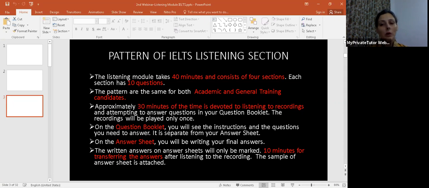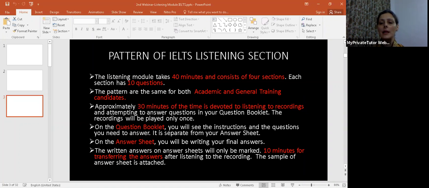The listening module actually takes about 40 minutes, and it consists of 4 sections, and each section has 10 questions. The pattern for academic and general training candidates is the same, with a little bit of difference in the questions.